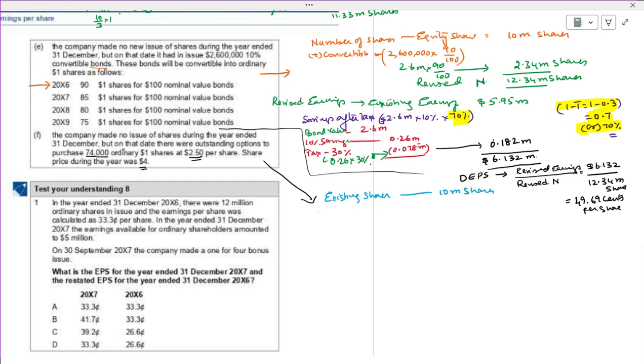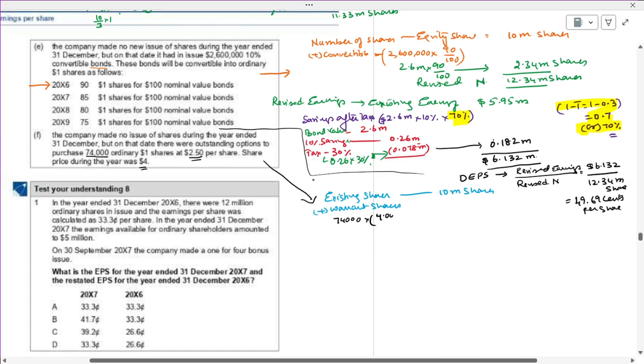I'm changing the color. Okay, add warrant shares. How much are the warrant shares? What is the number of warrants? 74,000, times how much is the fair value? Fair value, market value, is 4. Exercise price is 2.5, divided by fair value 4.